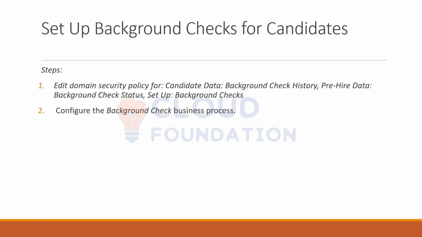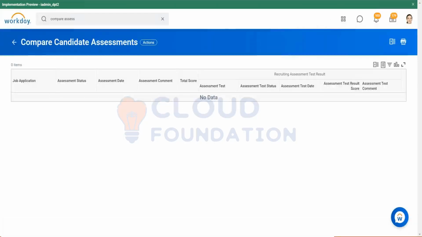Now let's go and check the background check business process. So what happens through the background check BP, we can record the background check results on candidate pre-hire or worker profiles. When the background check stage is the current stage, what does this BP do?